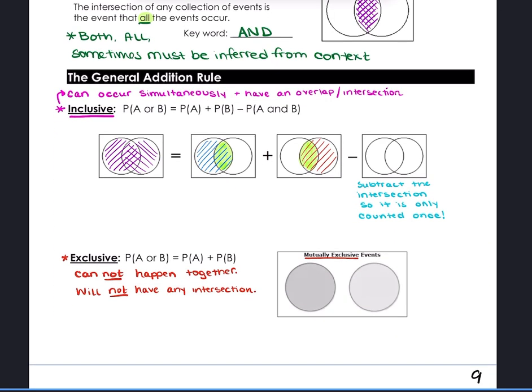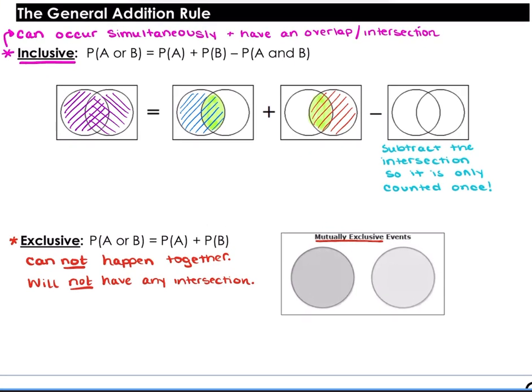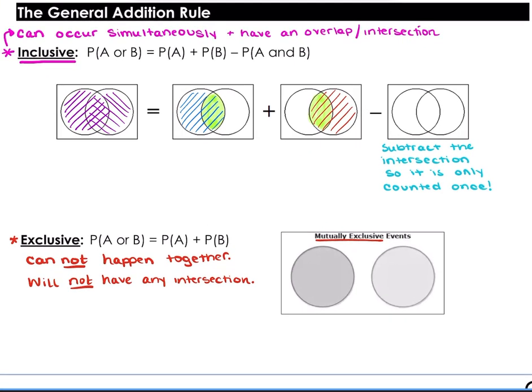Now, the addition rule that we were talking about on Friday tells us that the probability of A or B, the union happening, is equal to A plus B, but we have to subtract the "and," or the intersection. So here's a visual of why this is true.